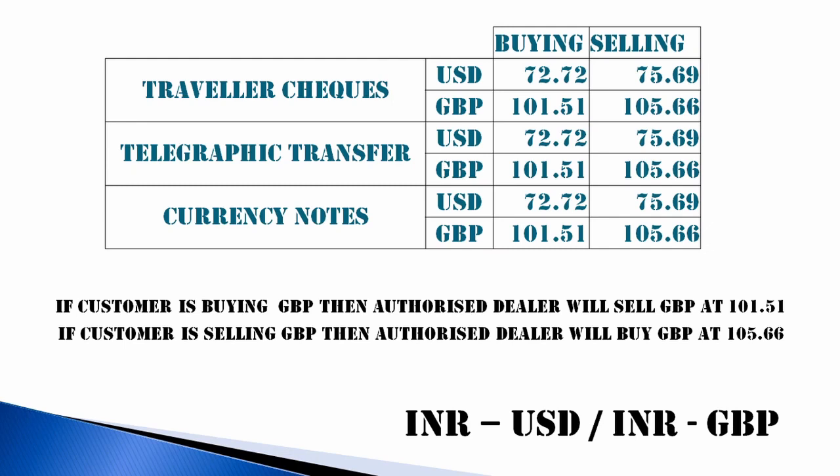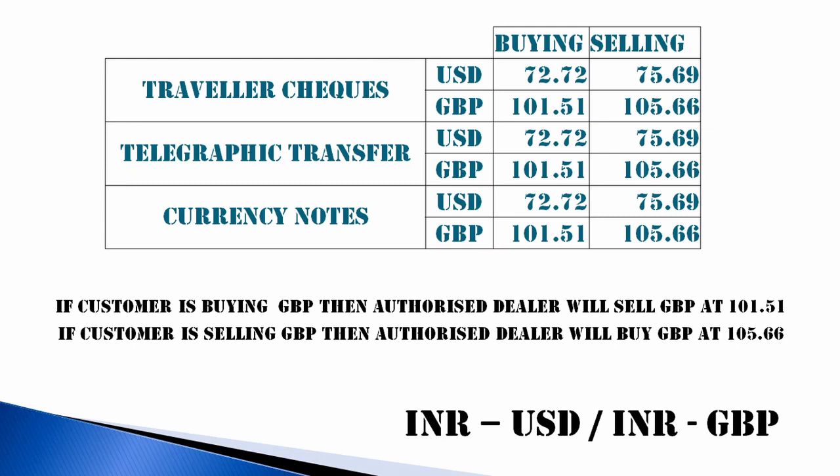For example, on my screen you can see that if you want to do a foreign transfer, you can use your international debit card, international credit card, or account to account transfer, or you can buy traveler checks, or do a telegraphic transfer, or buy physical currency notes. So everywhere now we'll check with USD and GBP.